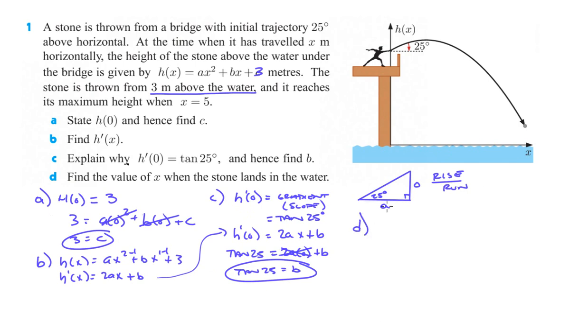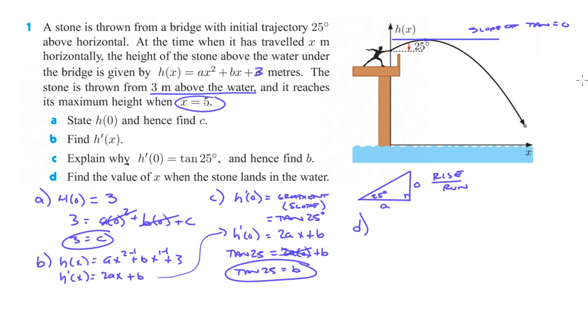So what we want to do here is, here's our key piece of info: it reaches its maximum height when x equals 5. Okay, so it reaches its max height right up here when x equals 5. Now, remember, when it's at its max height, we know that the slope of the tangent is going to equal 0, right?